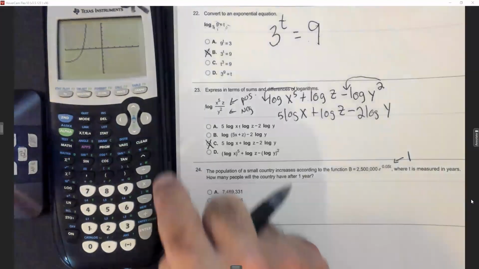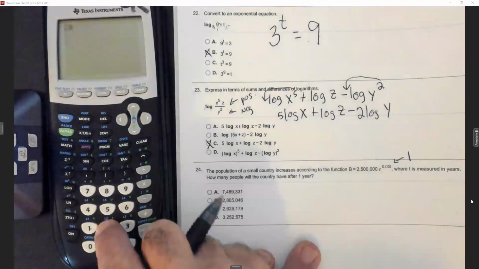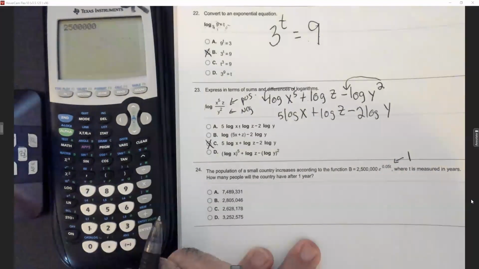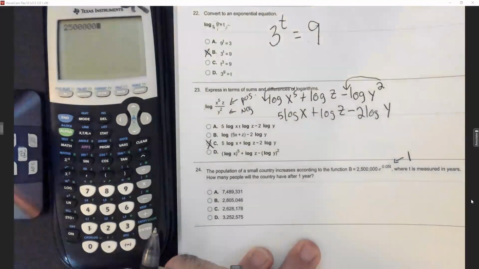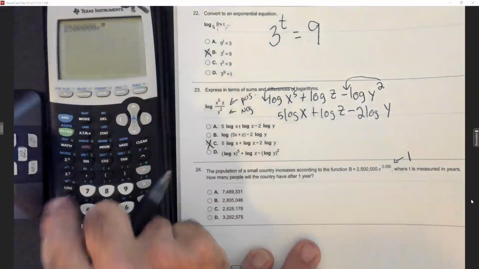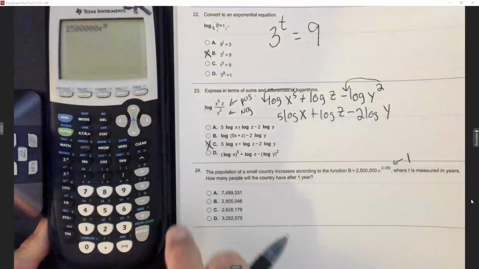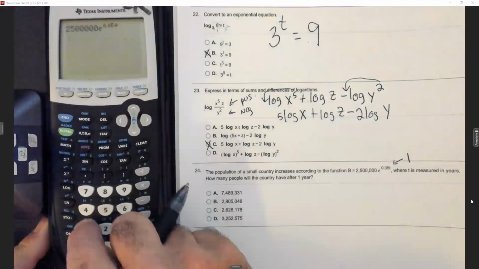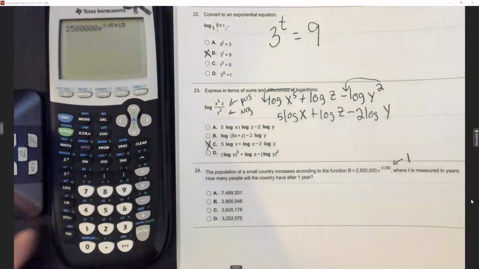So we got 2,500,000, e, hit second ln to get that e. And then 0.05 times t, which we said was 1. So this was telling me what the population is after 1 year, okay?